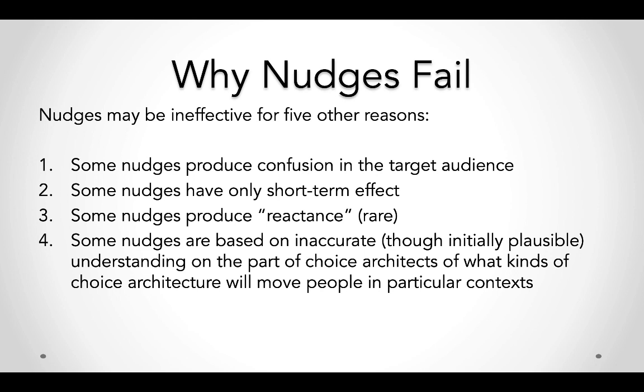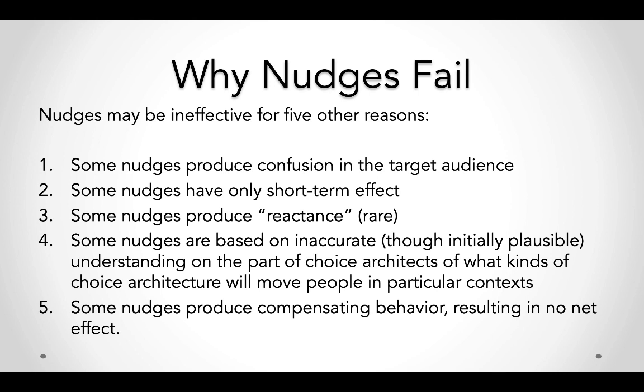Some nudges are based on inaccurate, but initially plausible understanding on the part of choice architects of what kinds of choice architecture will move people in a particular context. And some nudges can produce compensating behavior, so positive pressure and negative pressure, behavioral pressures, that can result in no net effect.